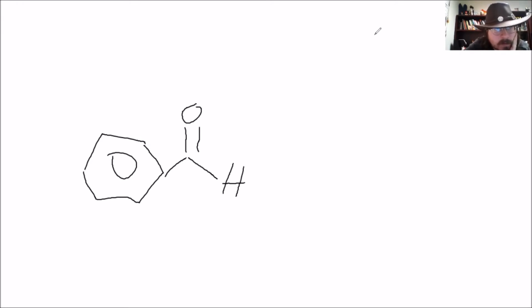You might be able to call it phenyl methanol, but probably one of the more common names would be benzaldehyde. Benzaldehyde, because as the aldehyde, it has to be coming off the benzene, but the benzene has no ending point, so it must be physically coming off of the benzene.